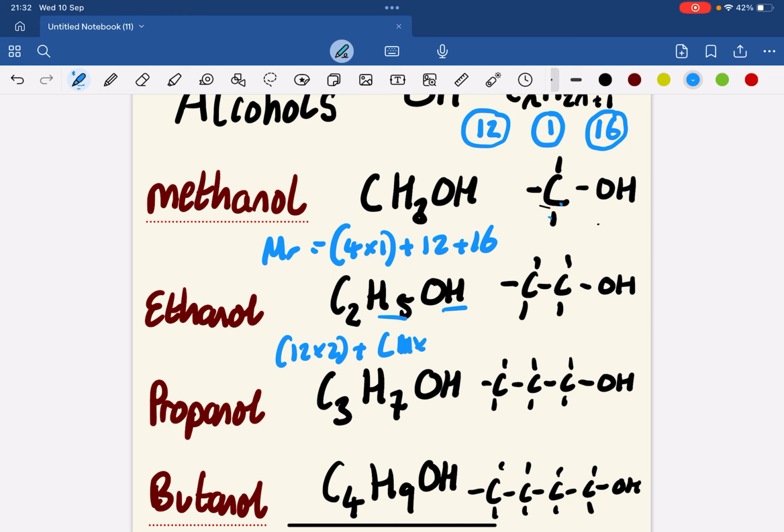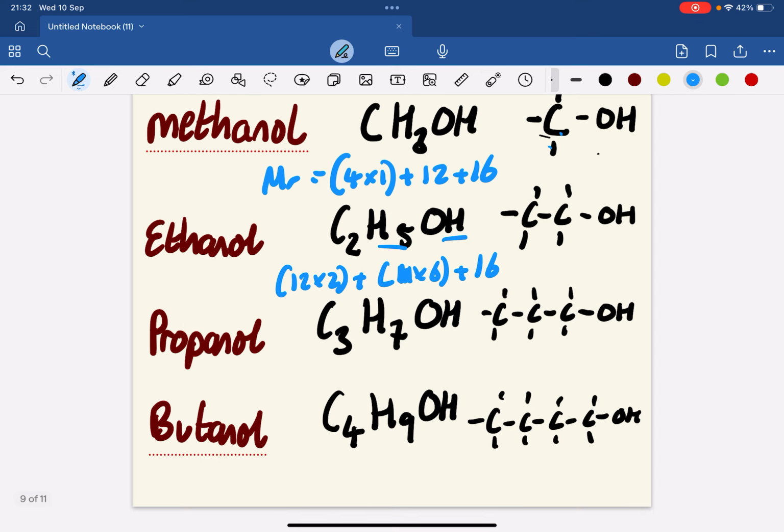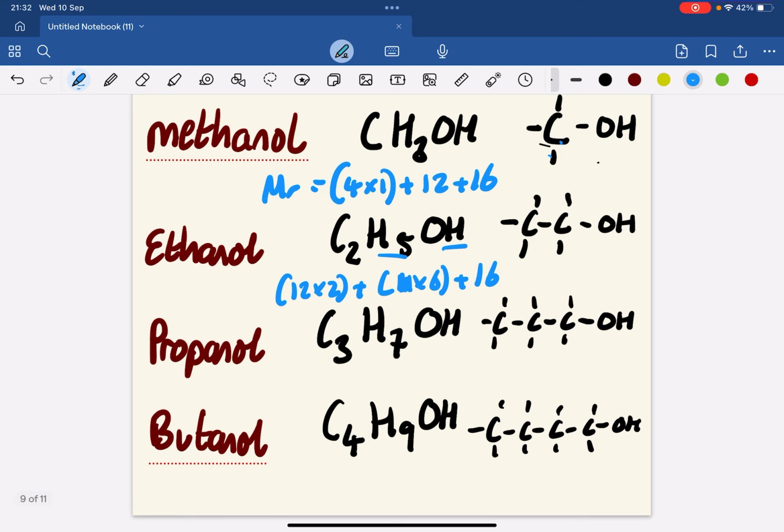So it's 1 times 6, plus the number of oxygens, so there's just 1, it's 16. Have a look at these, have a go at doing the other 2, and see if you can pause the video and see if you can work out the Mr of each of those 4 fuels.